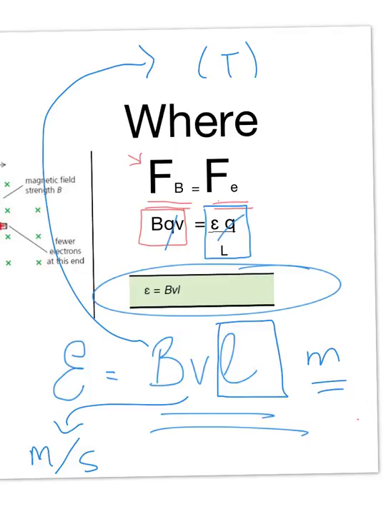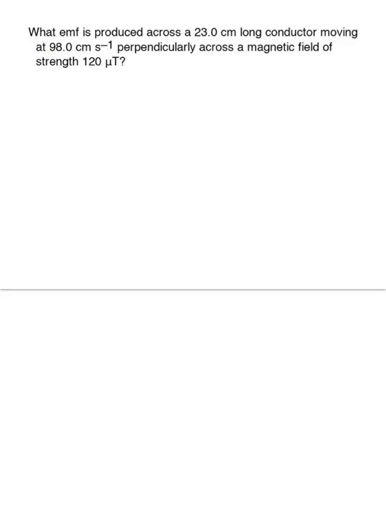Now you must be careful with the units when you're answering numerical questions. Talking of which, now apply that formula to the following question. What EMF is produced across a 23 centimeter long conductor moving at 98.0 centimeters per second, perpendicular across a magnetic field strength of 120 micro Teslas?